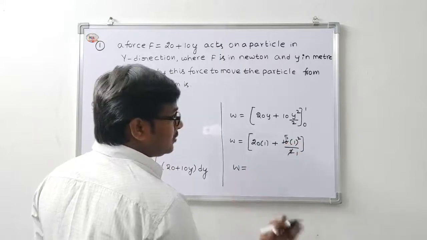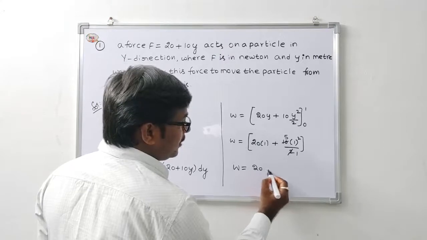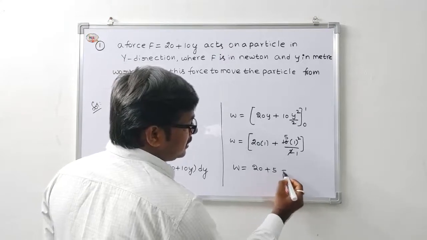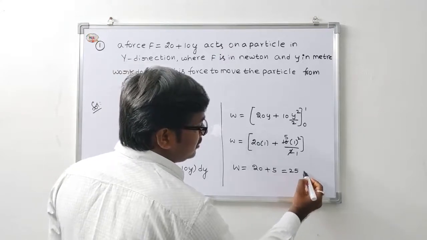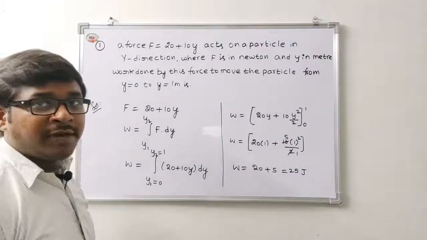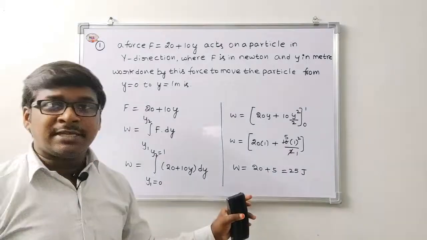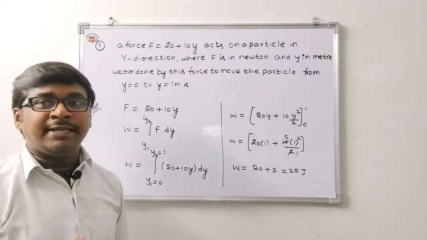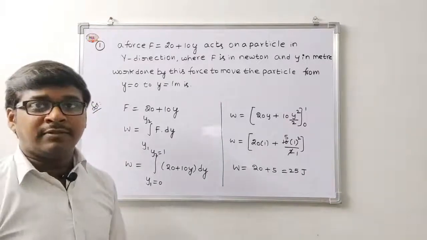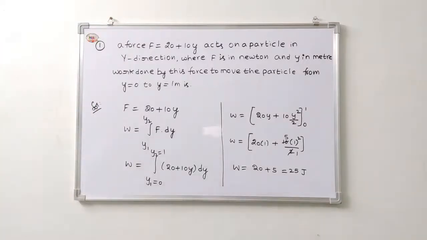Work done is 20 plus 5, that is equal to 25 joule. This is a very important problem from the 2019 NEET level paper. This is the first problem. Next, let us discuss the second problem.